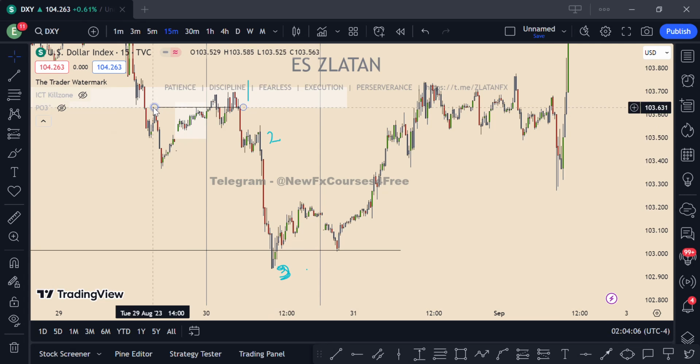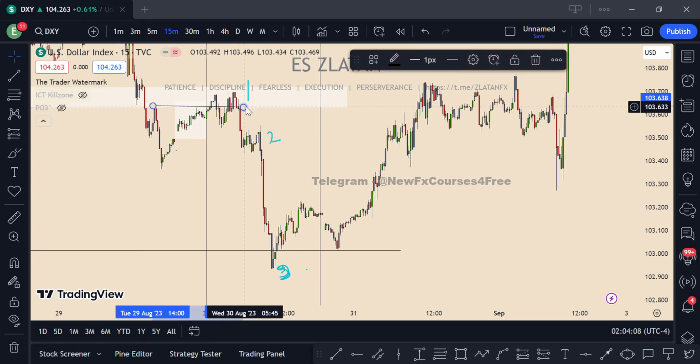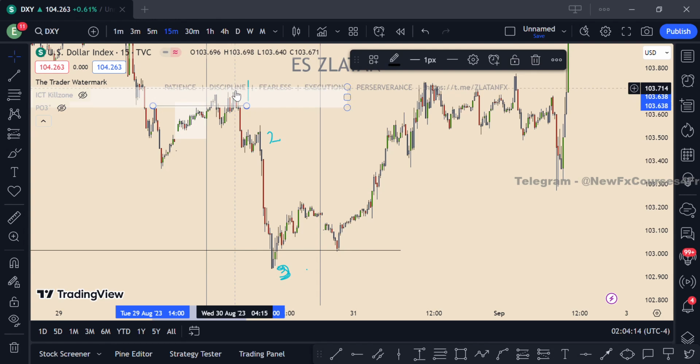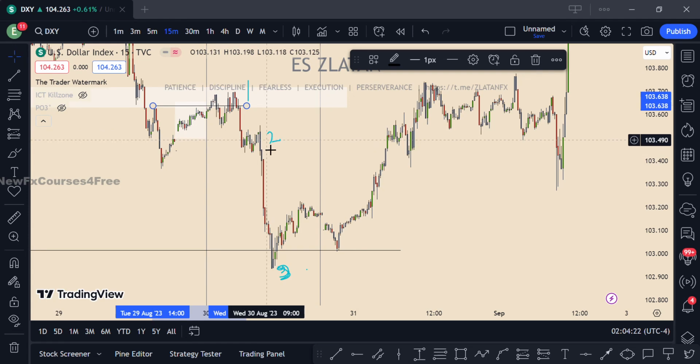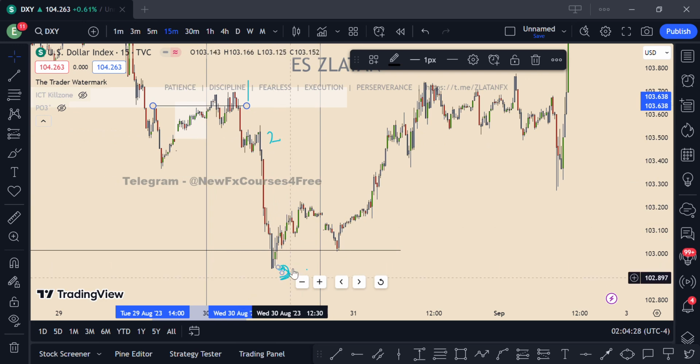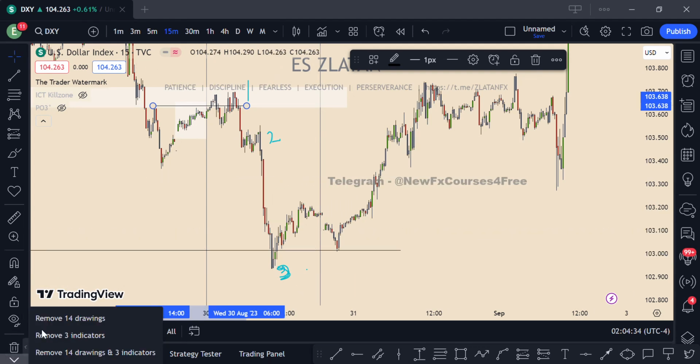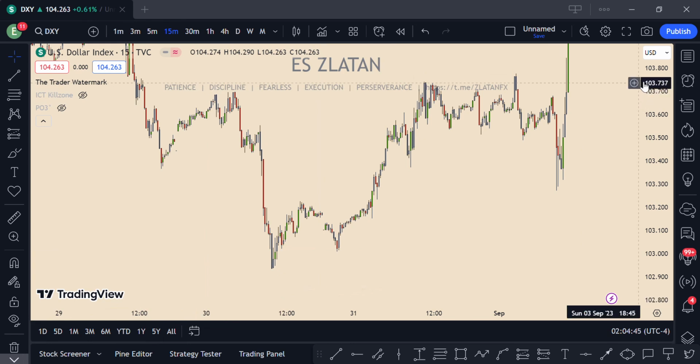And at certain times of the day, you're going there to find one of these three setups: either the turtle soup forming the high of the day or the low of the day, the reverse of this example, or the OTE, New York OTE or protraction, or you're catching the low into the close, right? So the next is how you enter and your stop loss placement, which is very, very important, right? So let's get it.